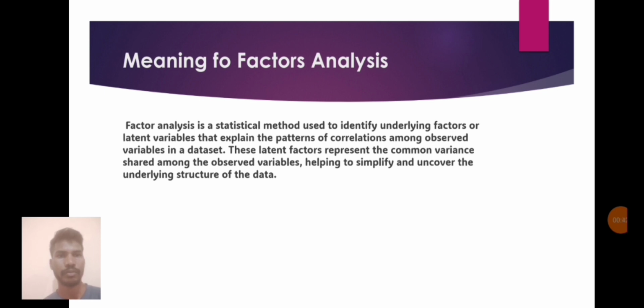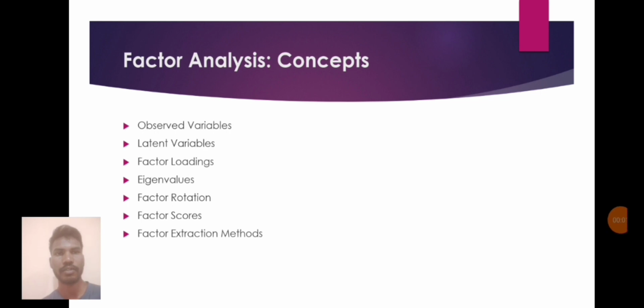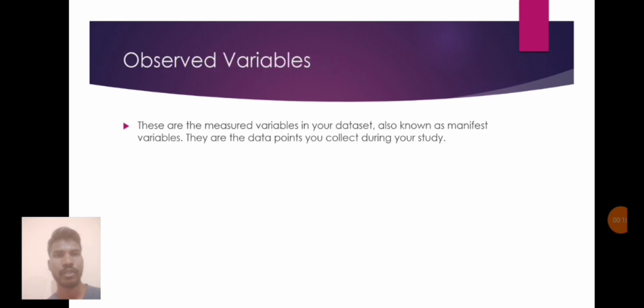of the data. Factor analysis concepts: observed variables, hidden variables, factor loading, eigenvalue, factor rotation, factor scoring, factor extraction method. Observed variables: these are the measurable variables in our dataset, also known as manifest variables. They are the data points you collect during your study.